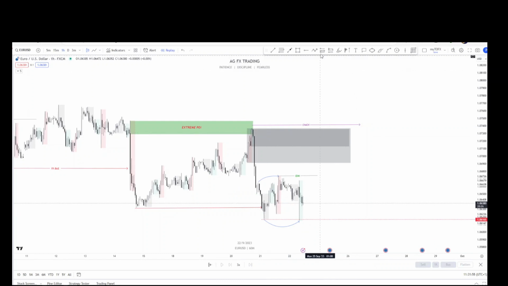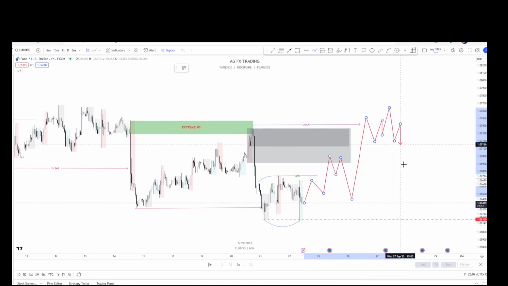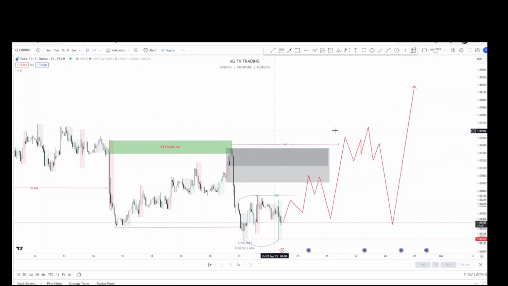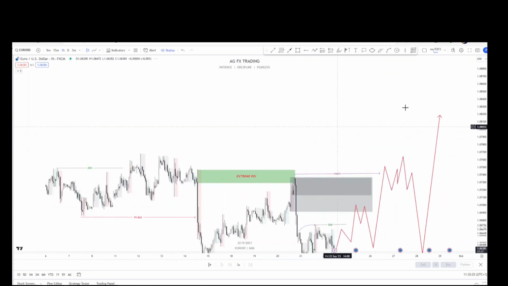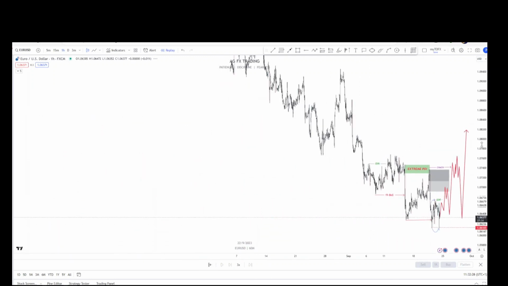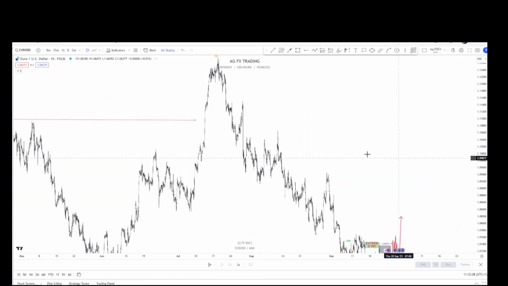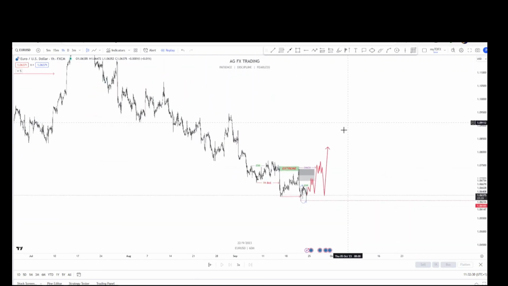So assuming price now decided to shift, did not break the low, now breaks this, then we can start looking for buys to continue the bias of the daily. Daily at this point is bullish. So we can now see a reason to continue buying till the daily high. So that is the bias I have at this point.